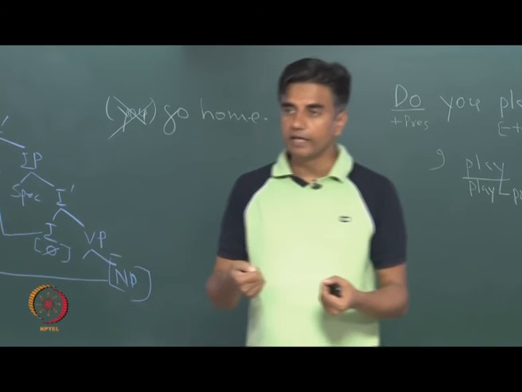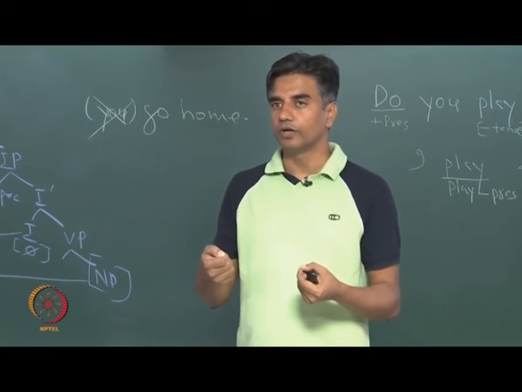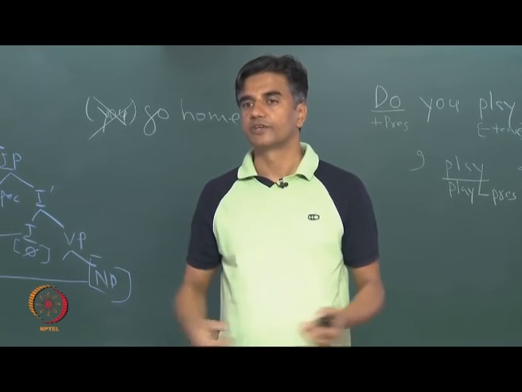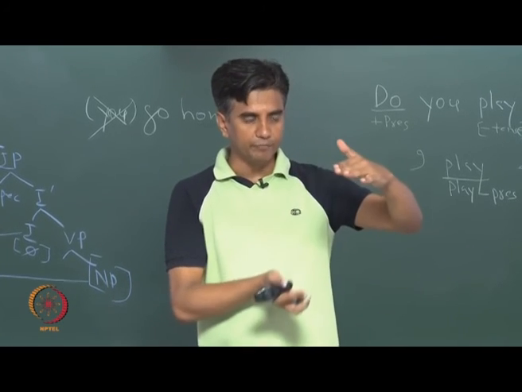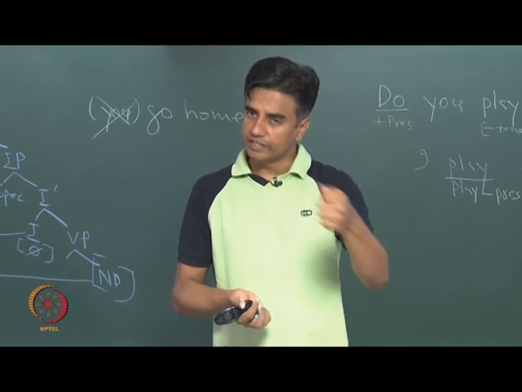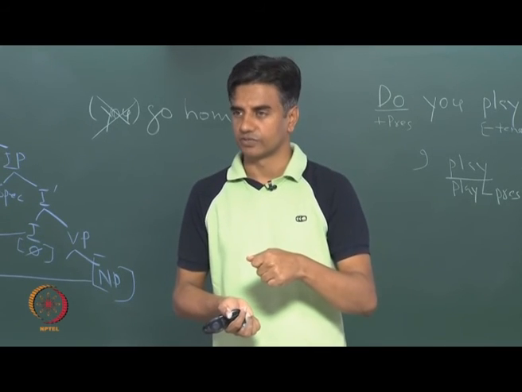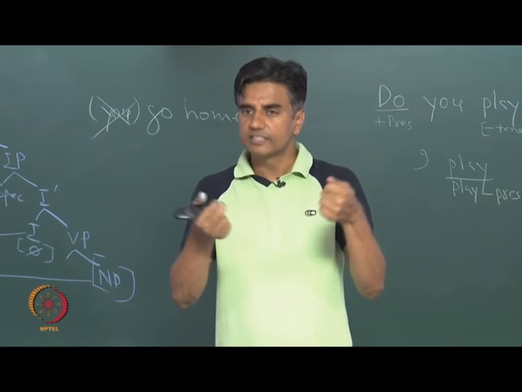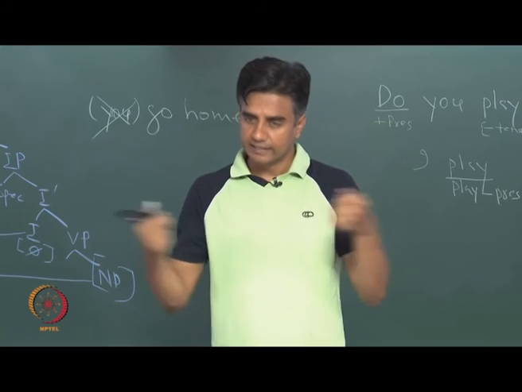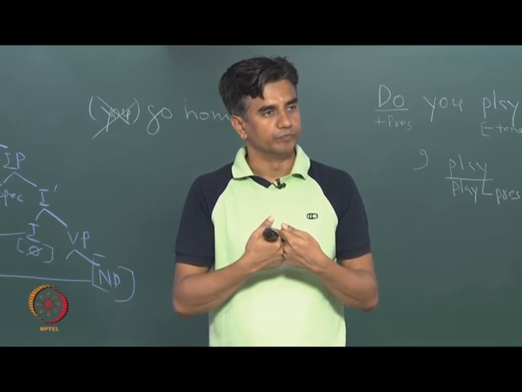And movement helps us account for abundant data in natural language and simplify them in a principled way, so that whether we are talking about yes-no question or a content question, both of them have got similarity. Of course, they have differences, but there is a similarity between the two.